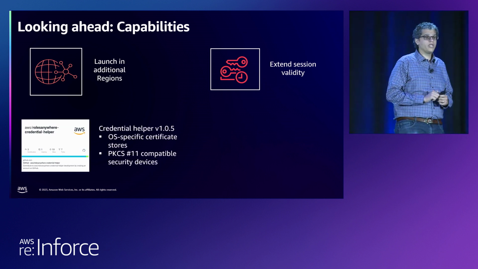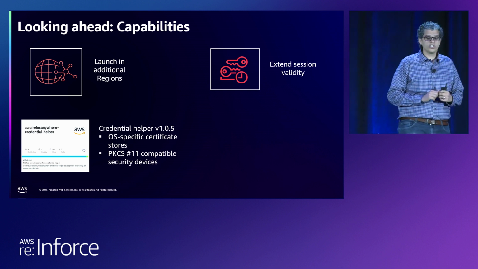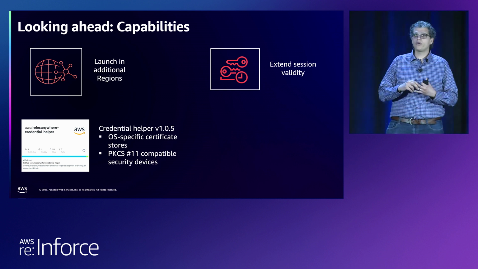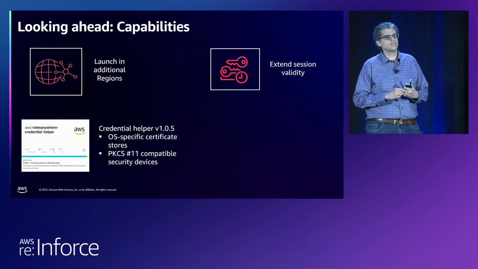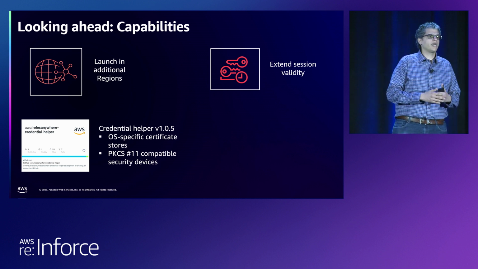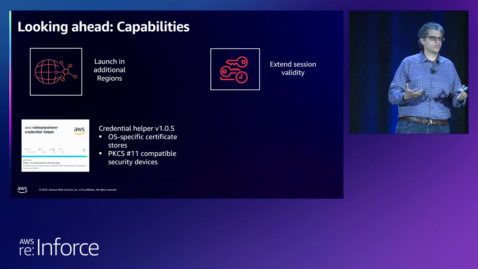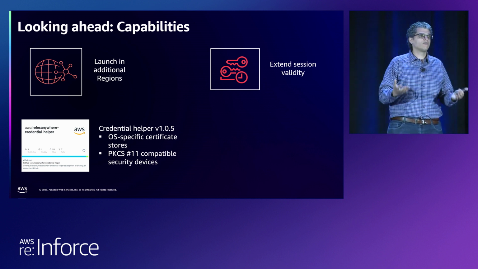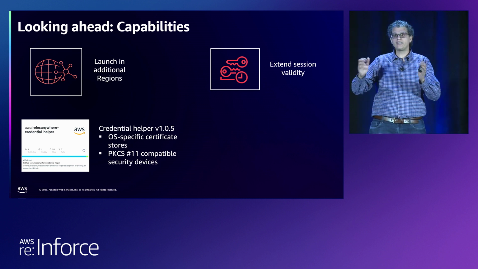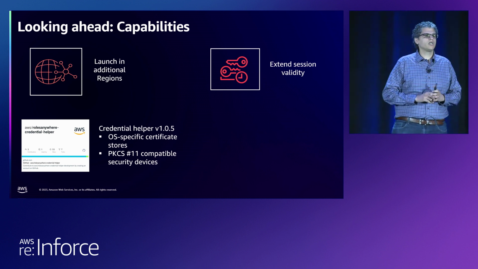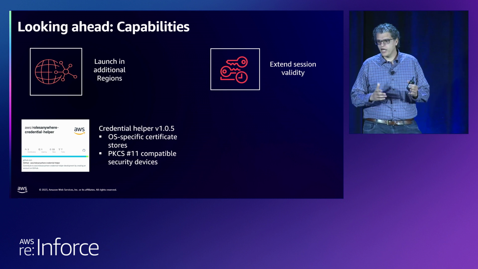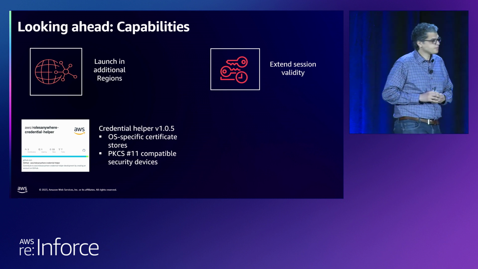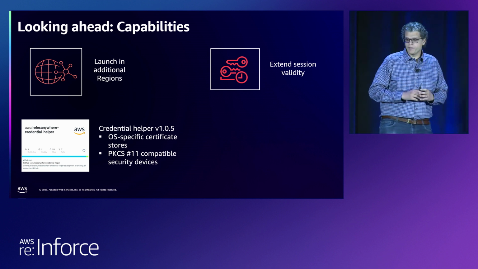Very soon, we'll be releasing a new version of the credential helper that enables you to use the X.509 certificate and the private keys that are stored in OS-specific cert stores, like a macOS Keychain or a Windows certificate store, as well as keys stored in PKCS #11 compatible security devices, like HSM devices or YubiKey.